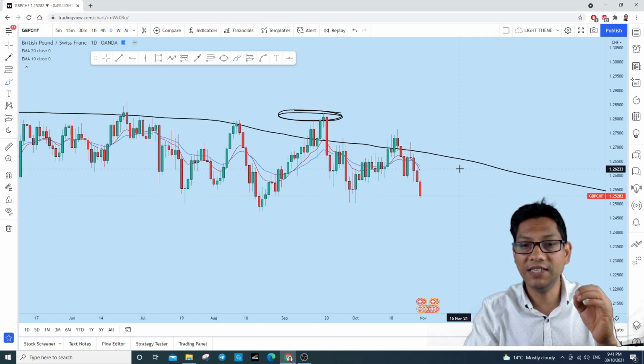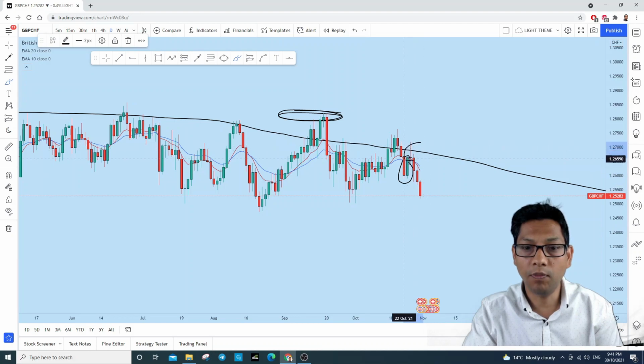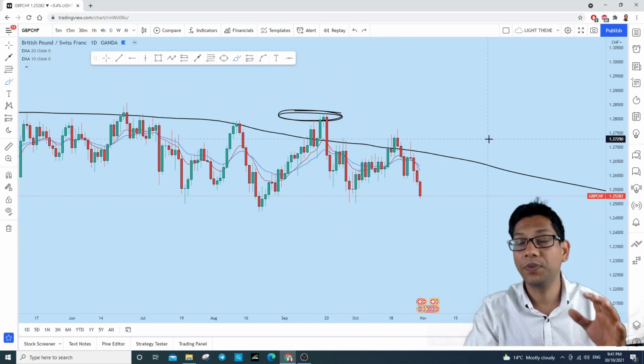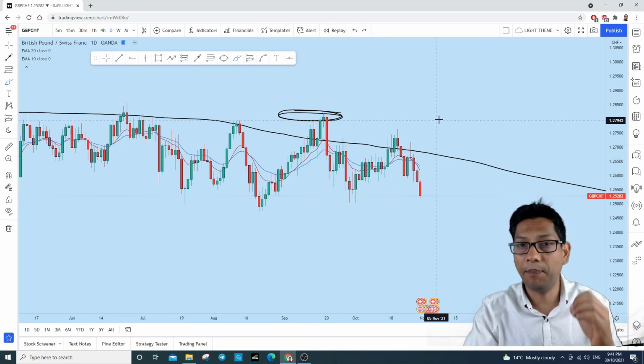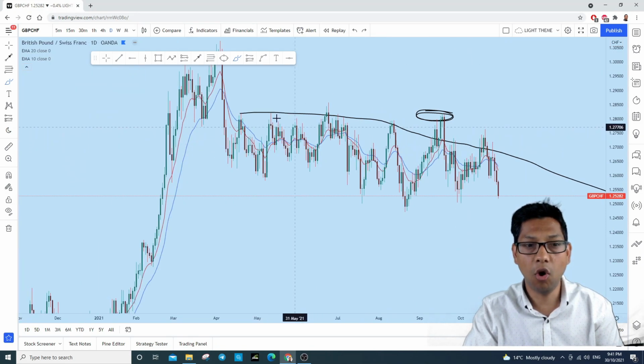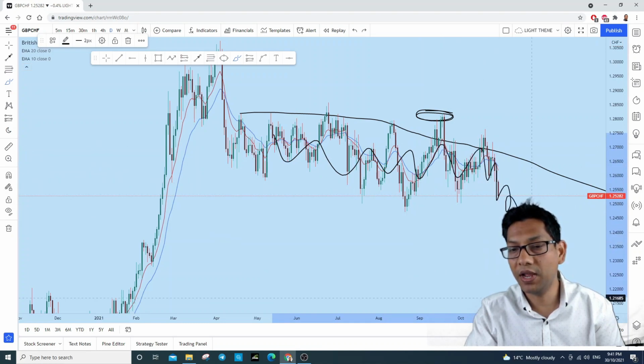Now on the daily, as you can see, there has been a green candle followed by a strong gravestone doji, and now we see a strong breakout to the downside. So how will we be approaching this instrument? As you know, this is a long consolidation market, and we might see a breakout to the downside.